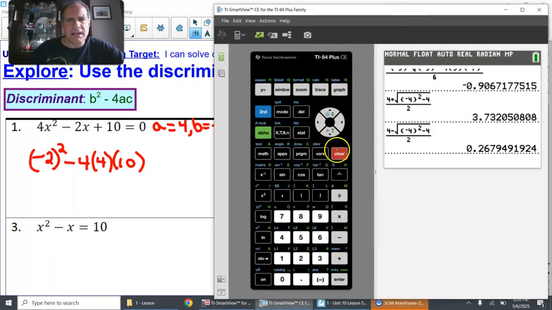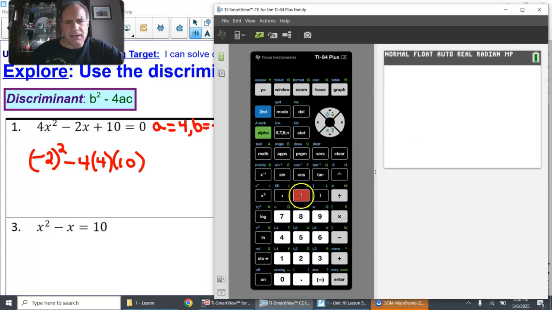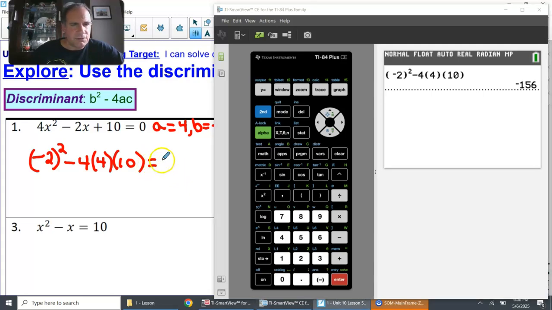Press graph, clear this out. And then this is now negative 2 squared minus 4 times 4 times 10. Press enter, no square root. This is equal to negative 156.